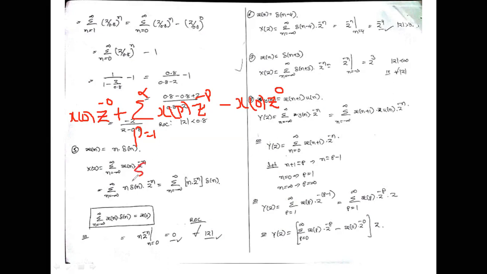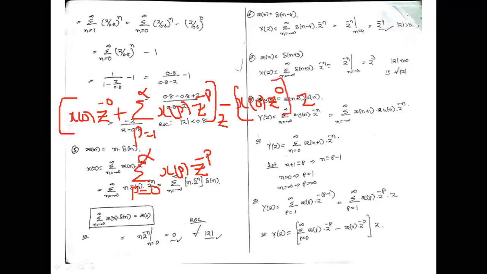So I am rewriting this function as the sum over p equal to 0 to infinity of x of p z power minus p, and z is also there. The total function is multiplied with z. Already we have z power minus p, and z power minus of minus 1 gives a z, my dear students.